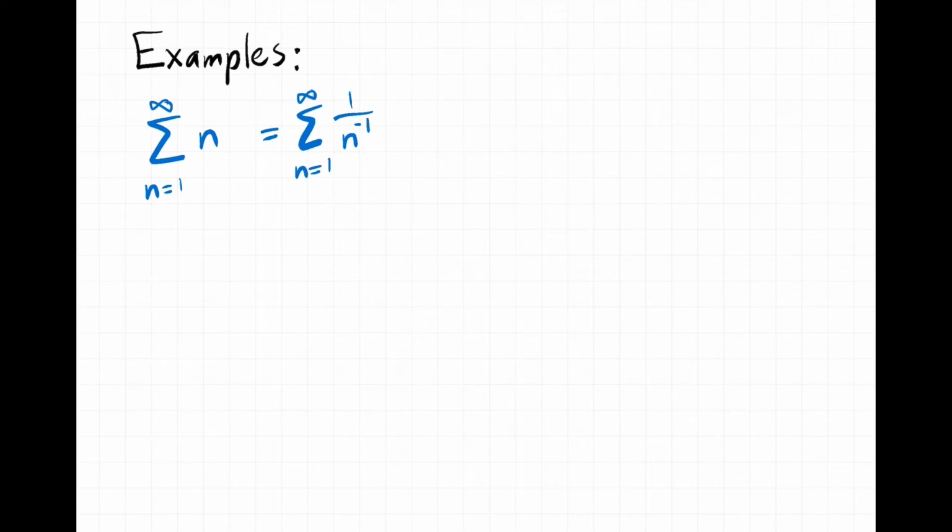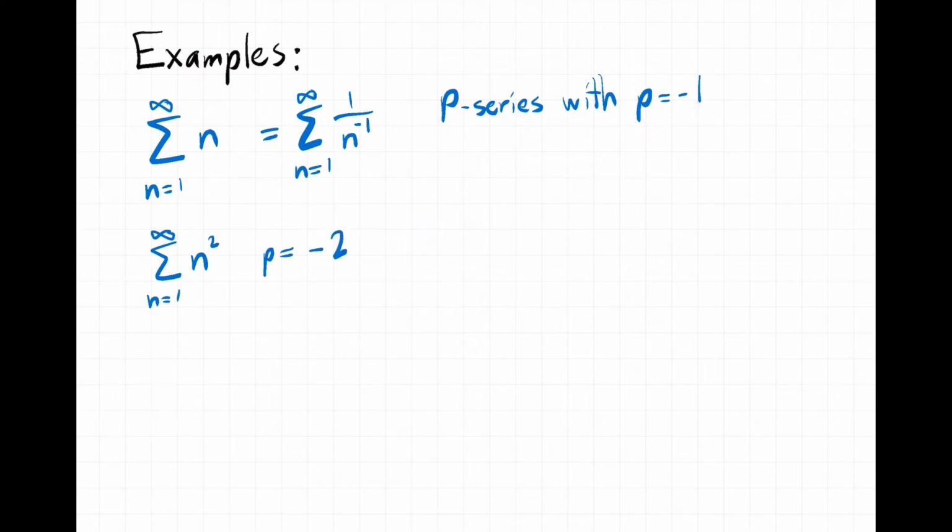This is a p-series with p equal to -1. And similarly, we could have the sum of n squared. Here p is equal to -2. You could have n cubed, n to the 4th, etc., to any power you want.